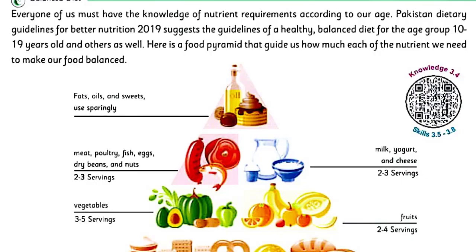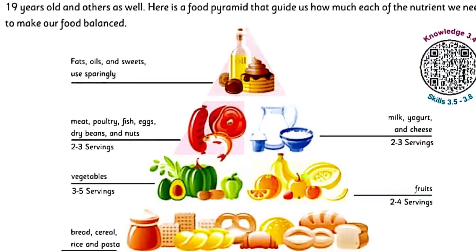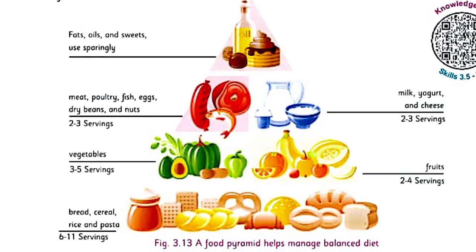Here is a food pyramid that guides us how much of each nutrient we need to make our food balanced. Figure 3.13a: Food pyramid helps manage balanced diet. Fats, oils, and sweets, use sparingly. Meat, poultry, fish, eggs, dry beans, and nuts, 2 to 3 servings.